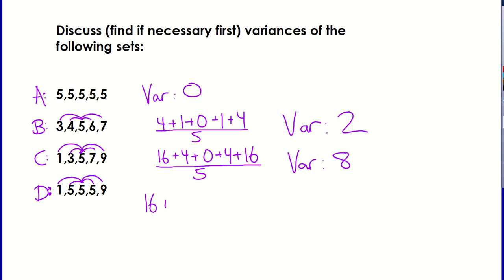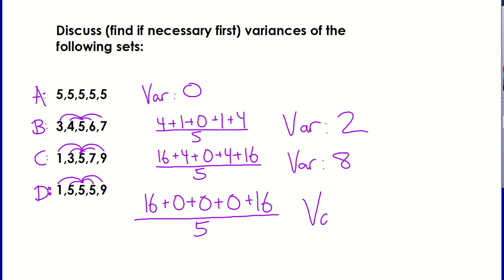So that would be 16 plus 0 plus 0 plus 0 plus 16 divided by 5, giving us a variance of 32/5, which is 6.4. So if we were ranking these from the least to the greatest, this would be A, B, D, C. So I hope you got that right.